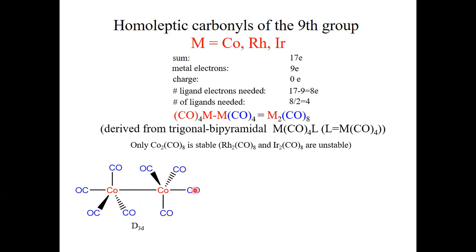We have 1, 2, 3, 4 carbonyl ligands, and the cobalt carbonyl here would be the 5th ligand. So now you see again we have to distinguish between equatorial and axial ligands.